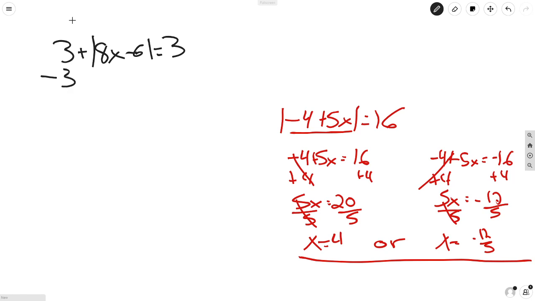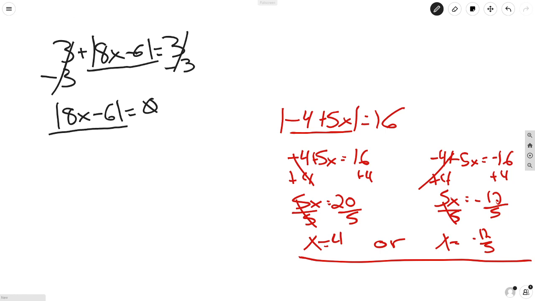What I'm going to do is subtract 3 from both sides. The reason I'm doing that is I need to isolate the absolute value symbol. So that's all that we have on this side of the equation. Move everything to the other side here.